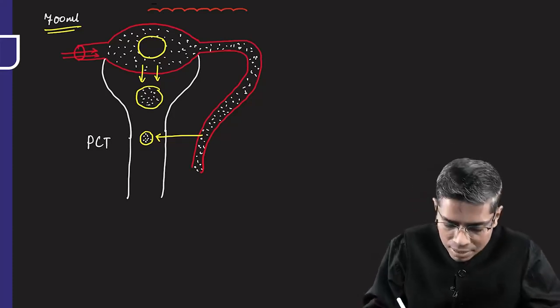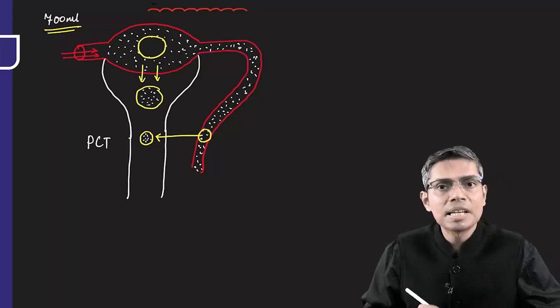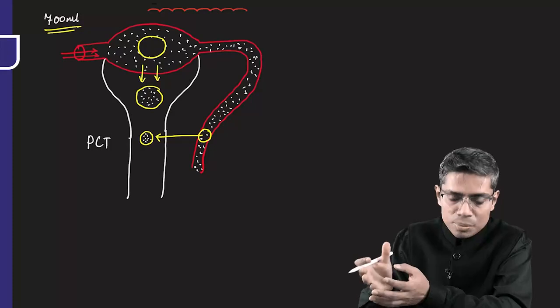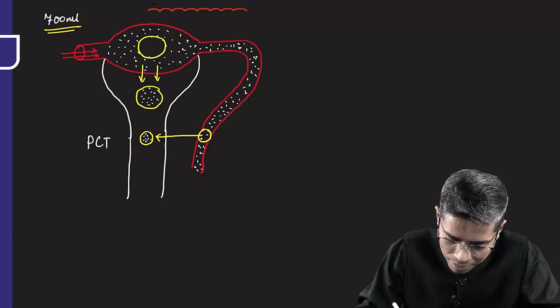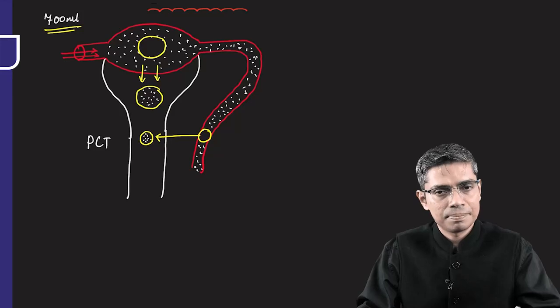So what will happen? A certain volume of plasma is going to be cleared from this peritubular capillary loop, obviously, because this amount of creatinine is reaching from peritubular capillary to PCT. So there will be clearing here also, okay? A certain volume of plasma is getting cleared even at the level of peritubular capillary, right?